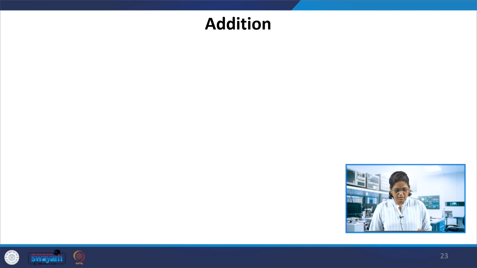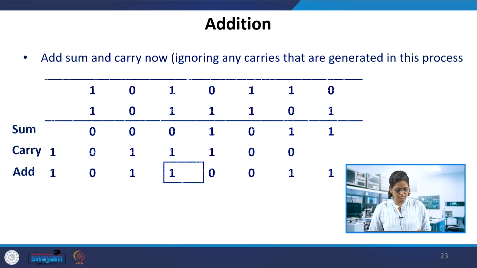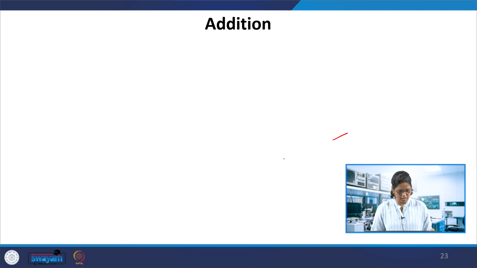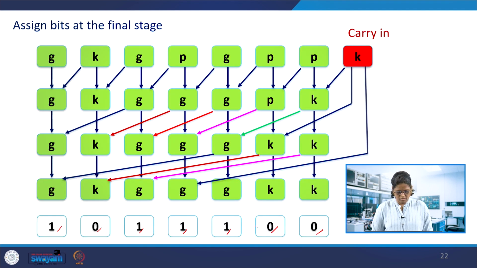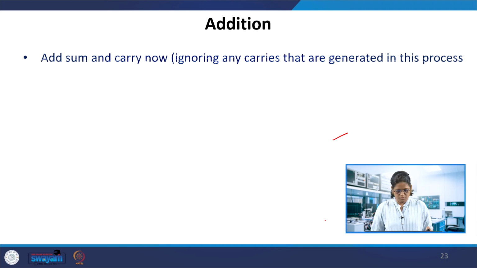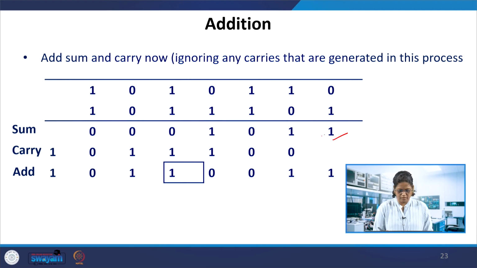So the addition process, how do we get it? Two numbers, take the sum separately, and the carry what we get is 1 0 1 1 0 0. You can see over here 1 0 1 1 0 0. So shift this position by 1 and add it now. If there is any carry, ignore that carry.